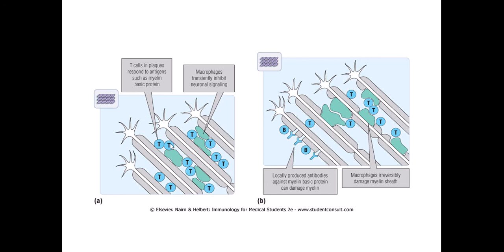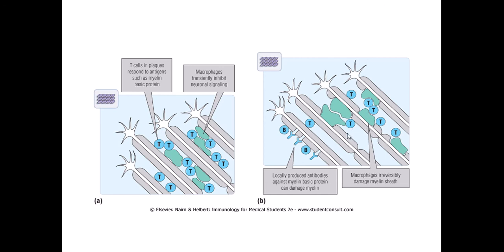As you can see, those are the myelin sheath that usually protects the neuronal cells, formed of myelin basic proteins. Antibodies against that are going to develop, and complement will be activated and call upon macrophages to come into the area, which will lead to damage of the neuronal cells.